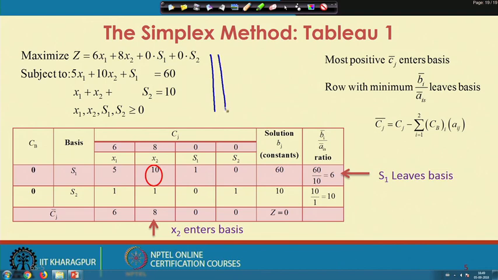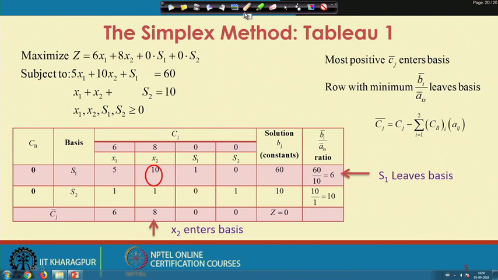So, this is my linear programming problem in its standard form, which clearly shows the canonical form where S1 and S2 are basic variables. Non-basic variables are x1 and x2.